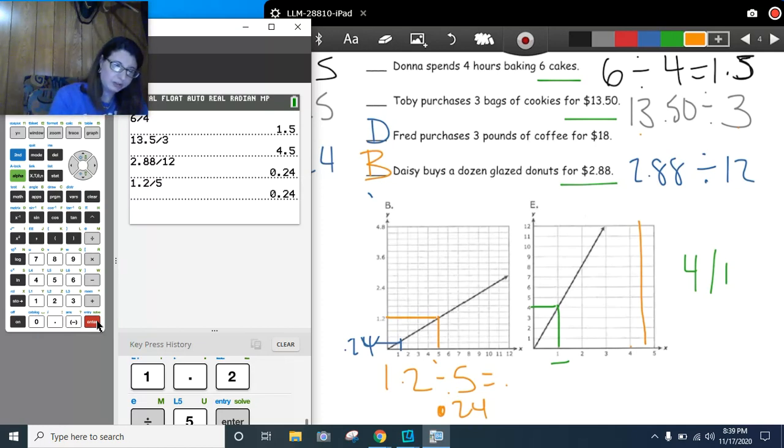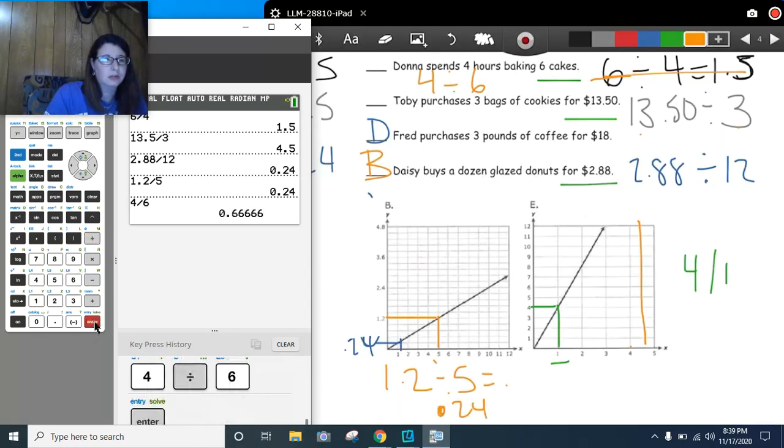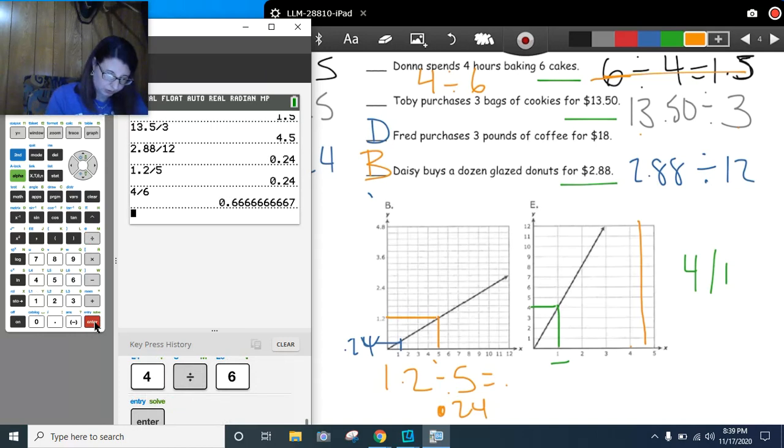I wonder, instead of doing that, what if I did 4 divided by 6? 4 divided by 6 gives me 2/3. It's not it either. I may have to come back because I think Miss Harrell made a mistake. So we'll come back to this in a little bit.